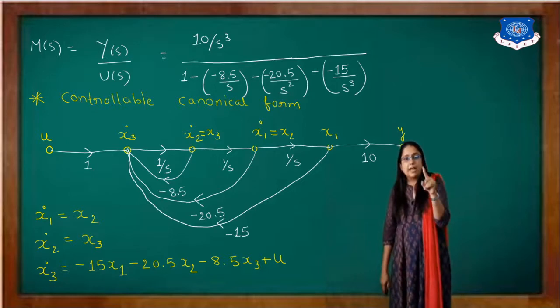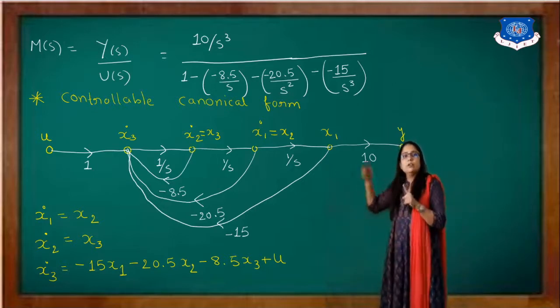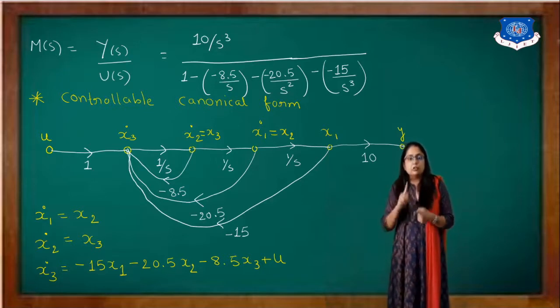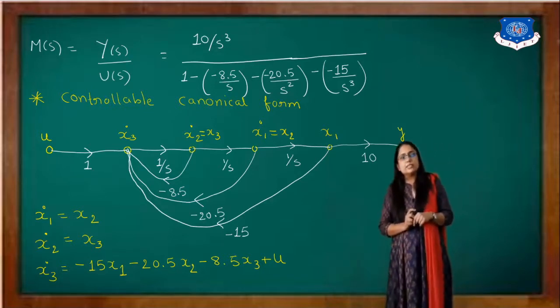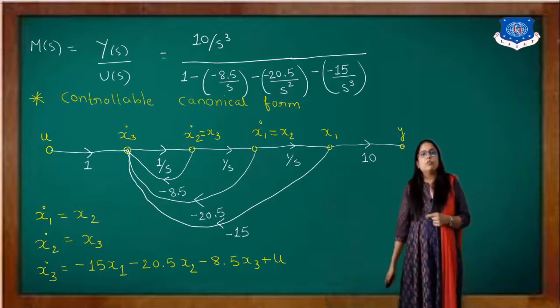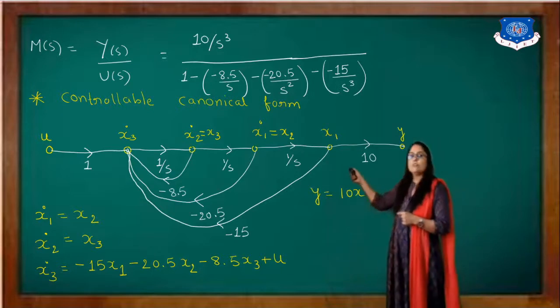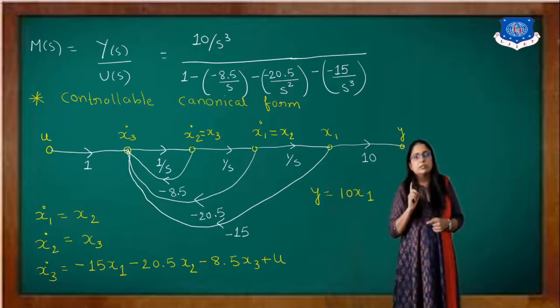One is from x1, which you multiply with minus 15. Then from x2, multiplied with minus 20.5. From x3, minus 8.5, and one is from the input, that is u. And for y, the equation has only one incoming, that is tan x1.